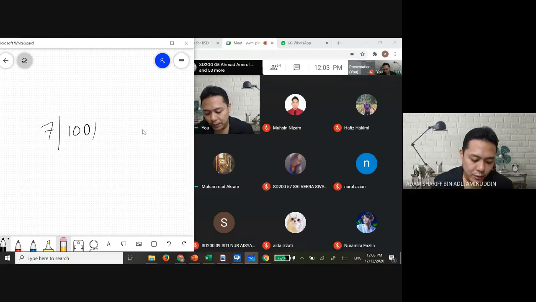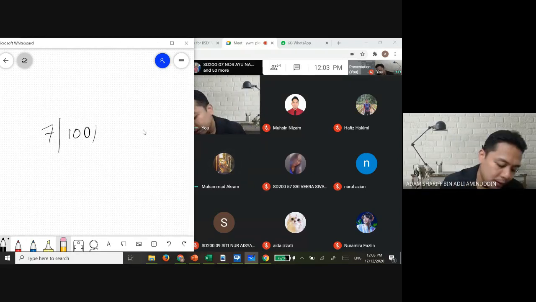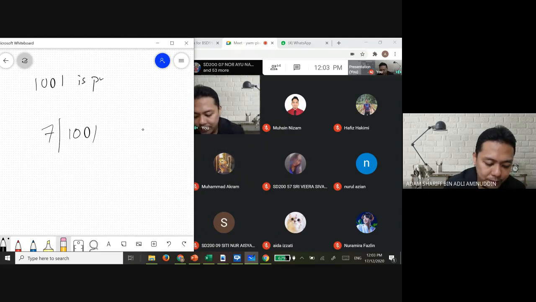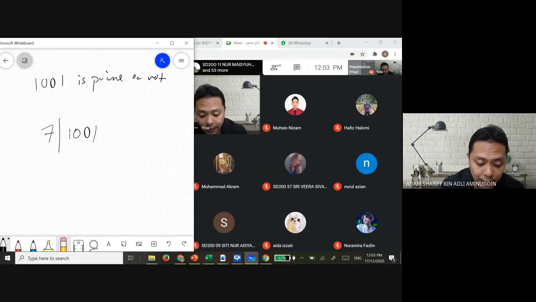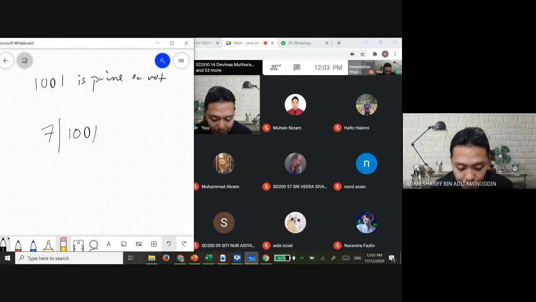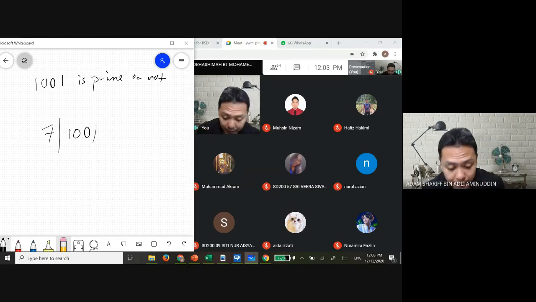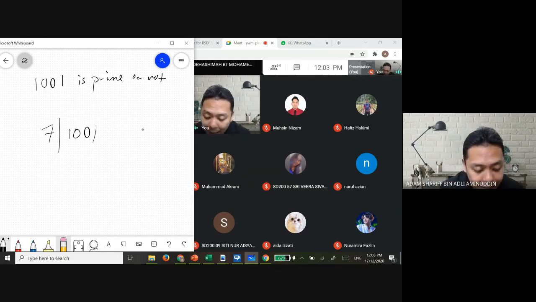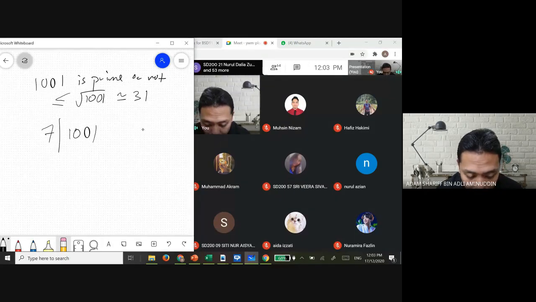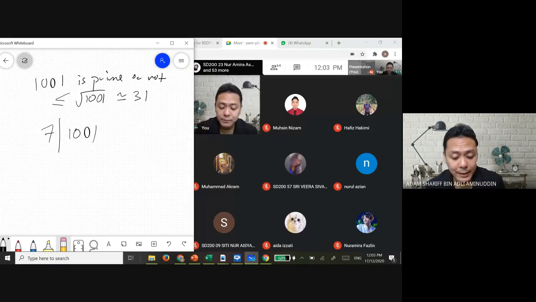Alright. Soalan Akram saya ulang balik ialah about the 1001 is prime or not just now. If you want to determine whether this is a prime or not, then you need to find at least a prime factor. Kalau dia ada prime factor up until less than the square root of 1001, where Akram say is around 31 point something.